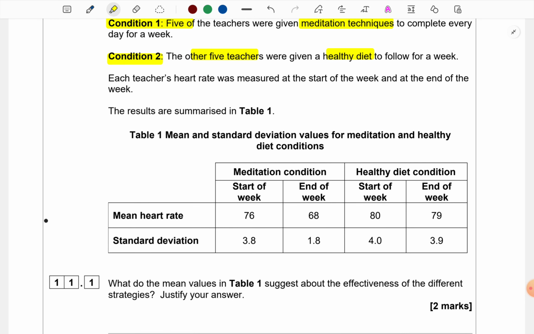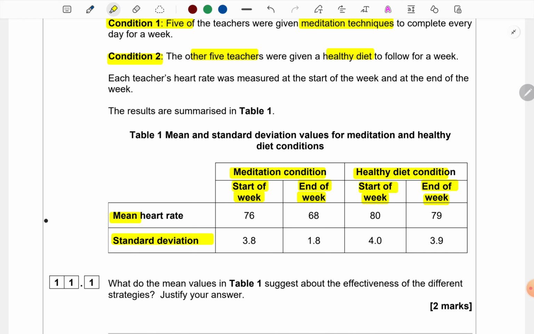So just to quickly look at the table, the title reads mean and standard deviation values for meditation and healthy diet conditions. In column 1, we have the meditation condition, start of the week, end of the week. In column 2, we have healthy diet conditions, start of the week, end of the week. In the rows, we have the mean and the standard deviation respectively.